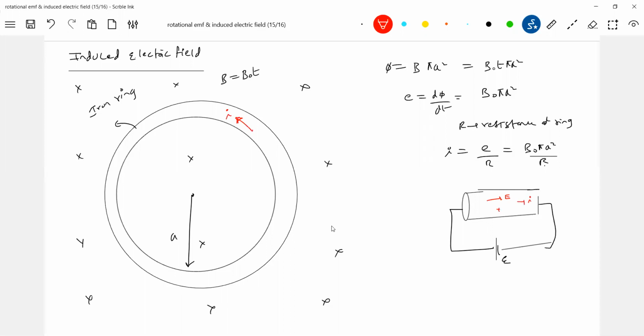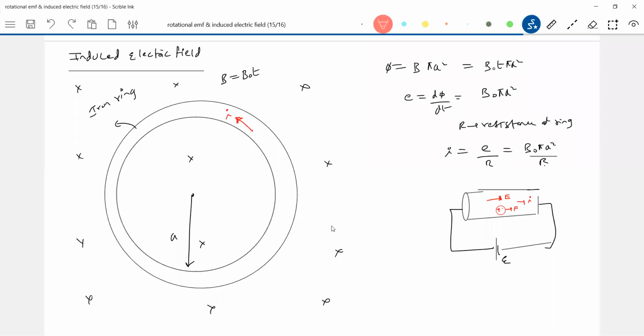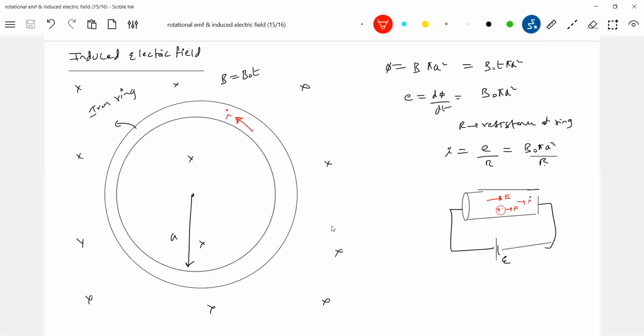A positive charge here will experience a force. So this electrostatic field set up inside the conductor will exert a force on the charge. Because of that force, it will accelerate, and as it moves, it encounters collisions with the ions. With that, it will undergo drift motion, and finally it will move from one end to another end. Rate of flow of charge constitutes a current.